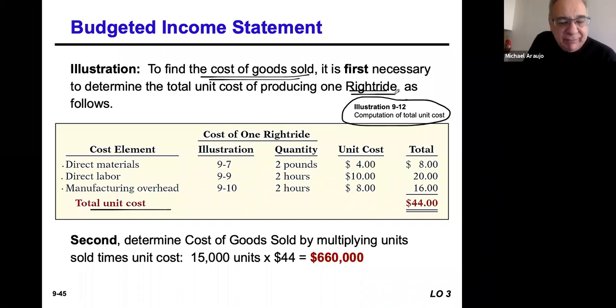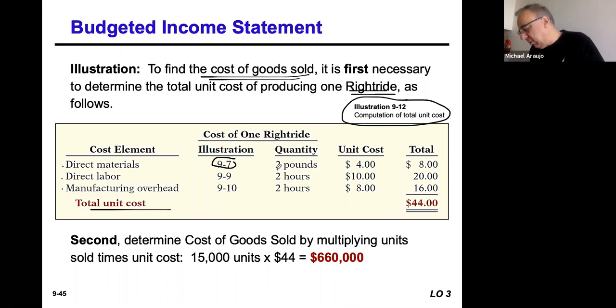And so if you look at the previous illustrations, the direct materials you would get from the direct materials budget, which is illustration 9.7 from page 370. And it tells you right there, you're going to need, first of all, 2 pounds of materials. And each of those is $4 a pound. So to produce one of these products, you need 2 pounds, and those are $4 a pound. So $8 in materials for one product. How much labor?